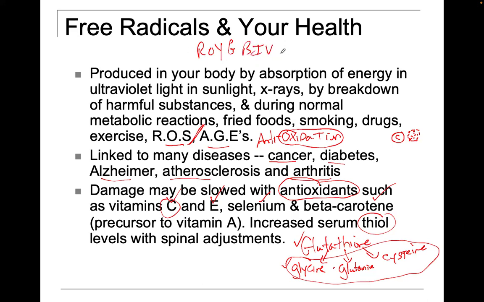Roy G. Biv are the colors of the spectrum: red, orange, yellow, green, blue, indigo, violet. When we say eat the rainbow, that's the rainbow. These are foods that have lots of antioxidants, the colorful foods. Eating the rainbow doesn't mean eating Skittles, folks. It means eating fruits and vegetables, all of these different colors, loaded with antioxidants.